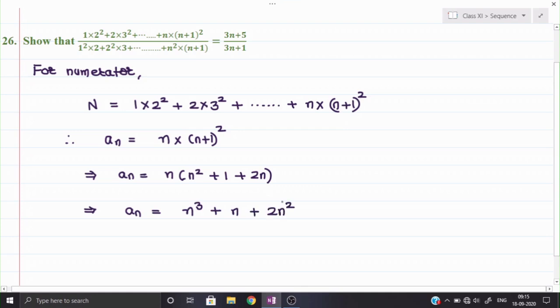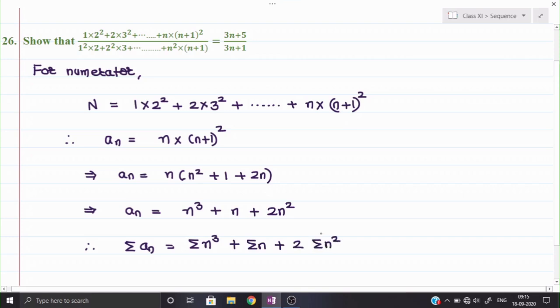Now we shall take the sum. So the summation of an, we are taking the sum of all terms, that's why I have taken the summation symbol. Summation of n cube plus summation of n plus 2 outside, summation of n square.